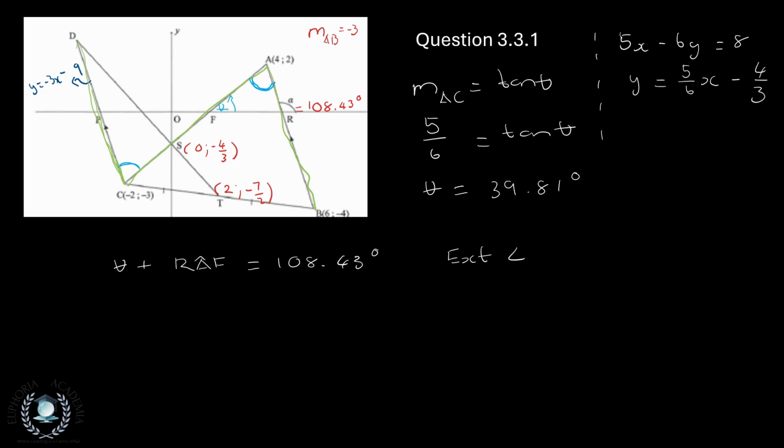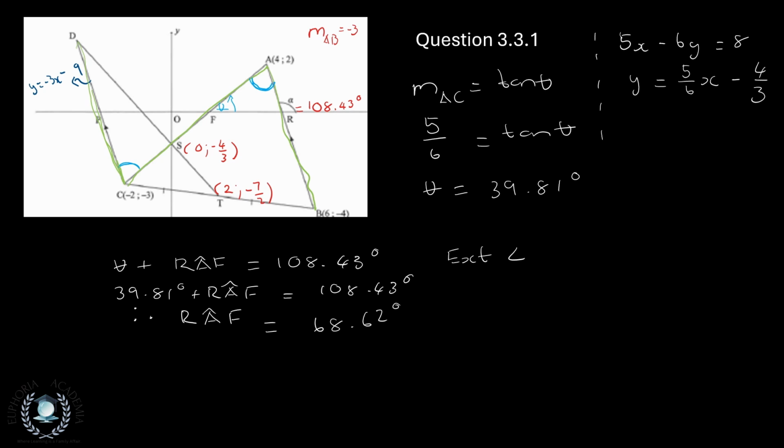Alright, so therefore, let's just replace it here. Theta plus RAF is equal to 108.43 degrees. And if you just do some algebra, we shall see that our angle RAF is equal to 68.62 degrees.